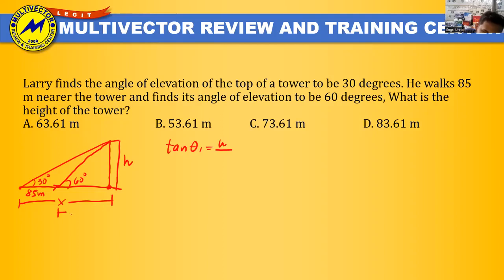Dito naman, x minus 85. Therefore, tangent theta 1 is h over x1, and tangent theta 2 is just equals to h all over x2. So h is just equals to x1 tangent theta 1, is just equals to x2 tangent theta 2.